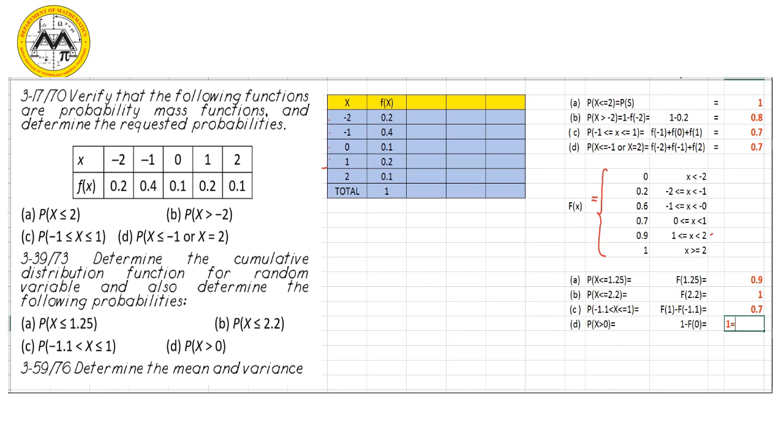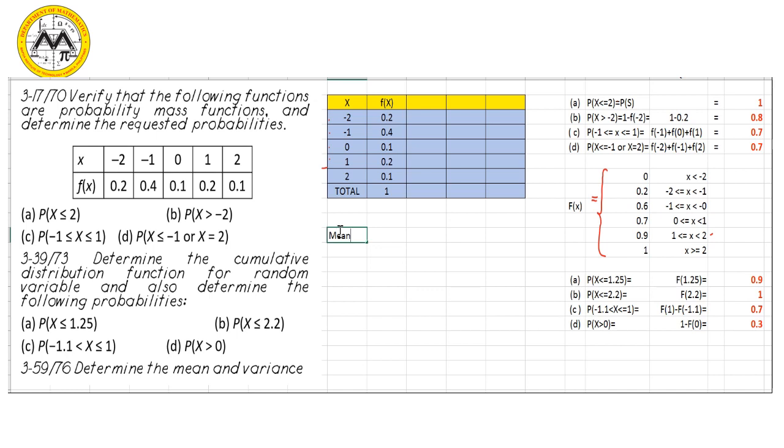So 1 minus 0.7. So that's 0.3. Let's verify. Greater than 0 is 1 and 2. So that is 0.2 plus 0.1, which is 0.3. So that's correct. Now, let's have mean and variance.